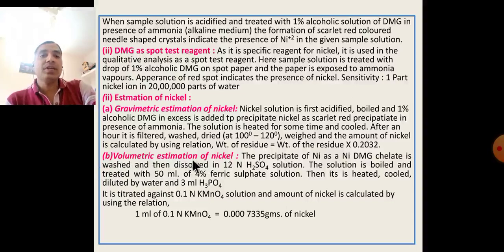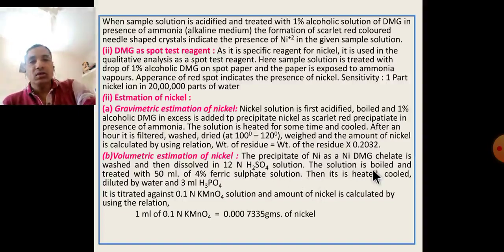Second, volumetric estimation of nickel. The precipitate of Ni as NiDMG chelate is washed and then dissolved in 2 normal H2SO4 solution. The solution is boiled and treated with 50 ml of 4% ferric sulfate solution. Then it is heated, cooled, diluted with water, and 3 ml H3PO4 is added.